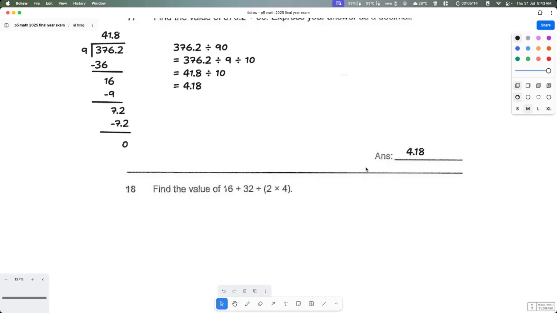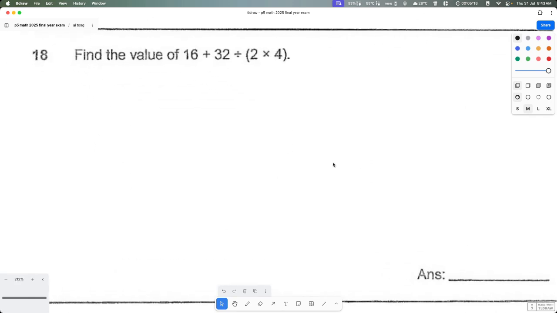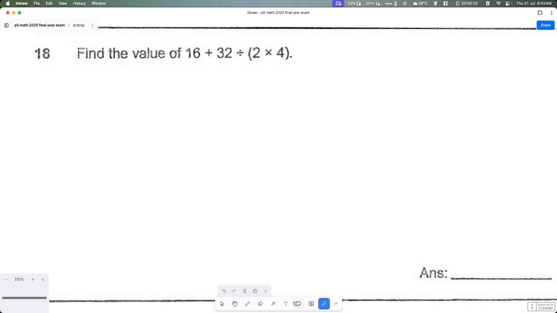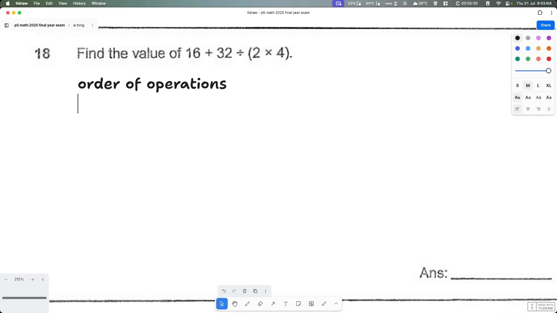All right, let's move on to question 18. Find the value of 16 plus 32 divided by brackets 2 times 4. So this is what we call order of operations. Basically, number one, first, we do the brackets.